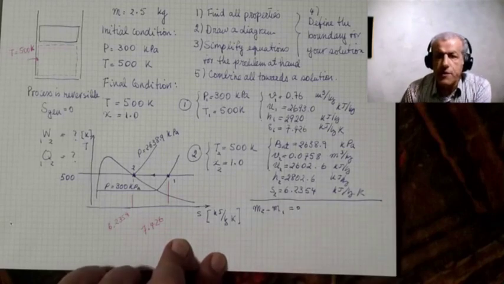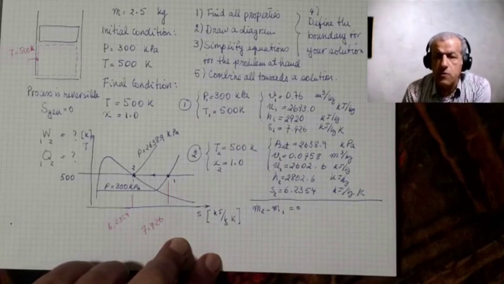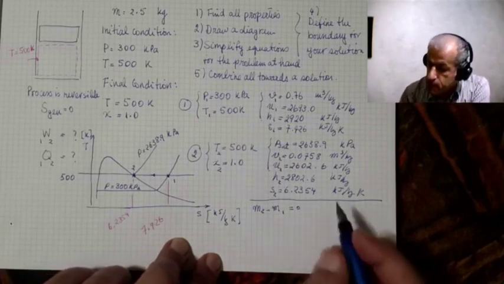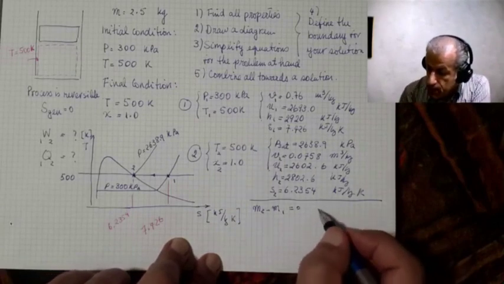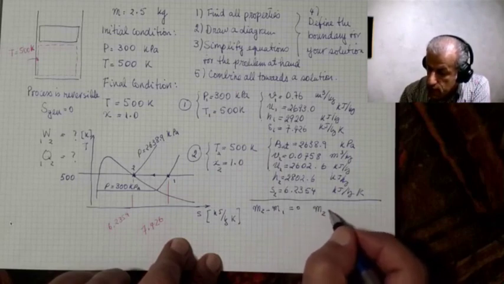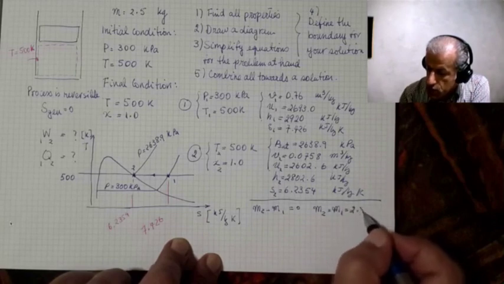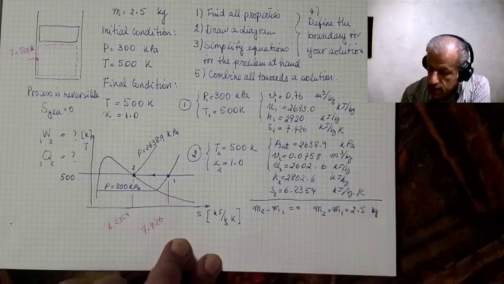And therefore the 2.5 kilogram mass would remain constant and would stay in the cylinder. So m2 equals m1 and equals 2.5 kilograms.